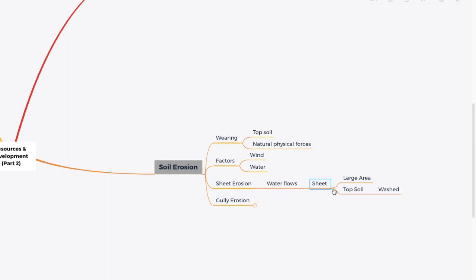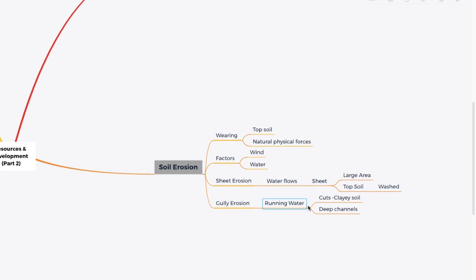In such cases, the topsoil is just washed away. That is called sheet erosion. So what is gully erosion? The running water cuts through the clayey soil and makes deep channels as gullies. This is called gully erosion.